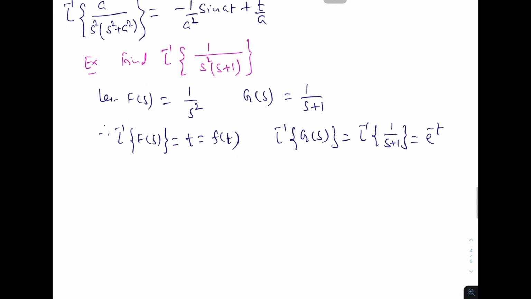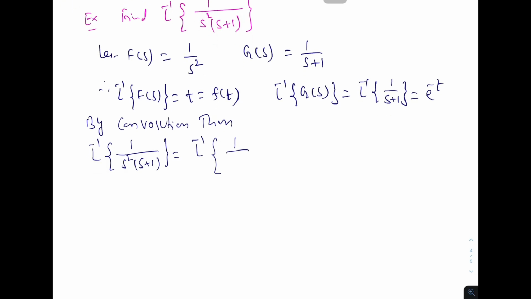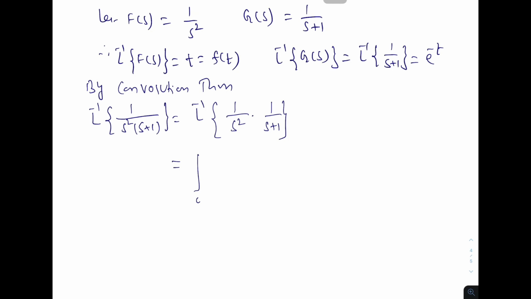Okay, and so by the convolution theorem, the inverse Laplace transform of 1 over s squared times 1 over s plus 1 is the convolution f star g. So the integration from 0 to t of f(v) g(t minus v) dv.